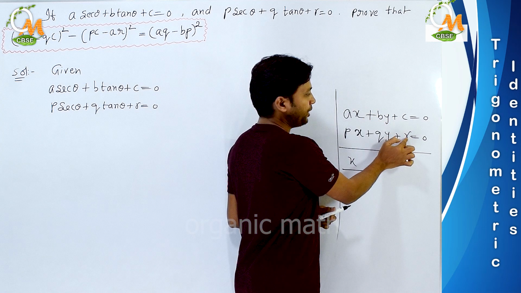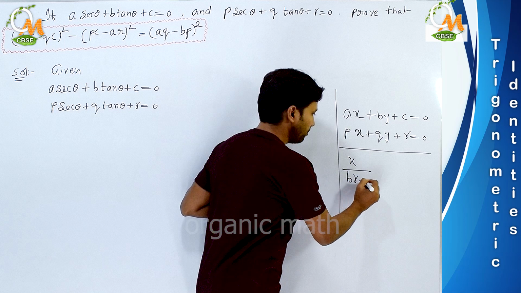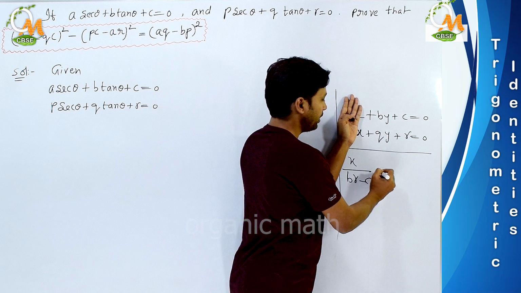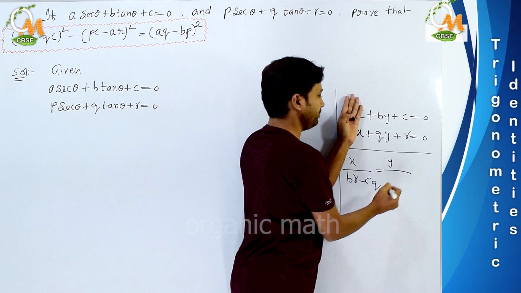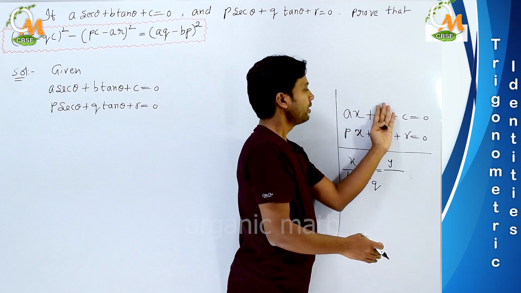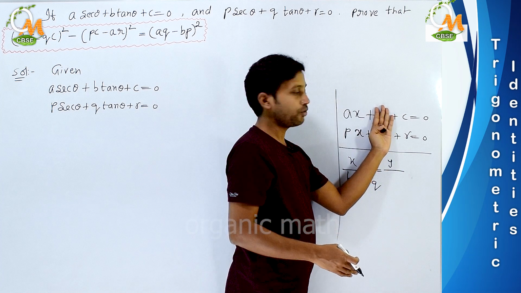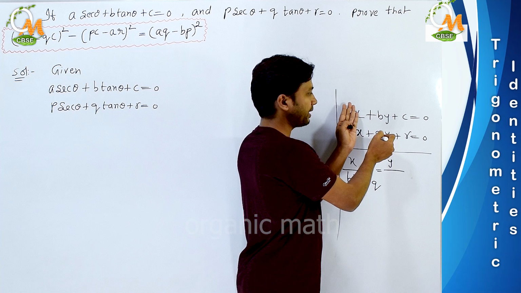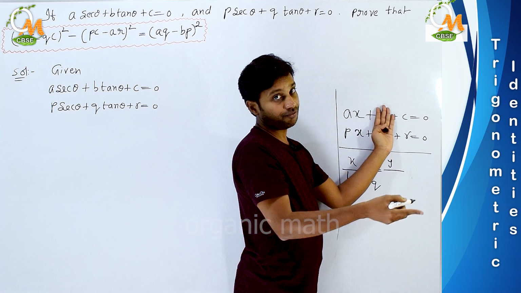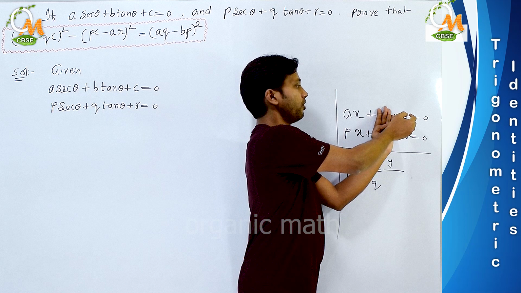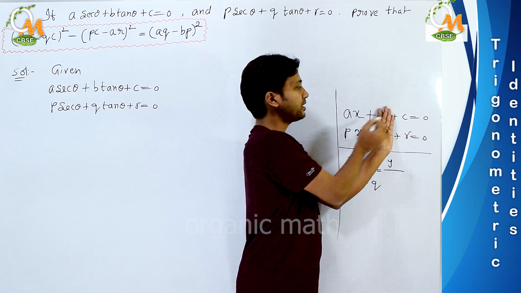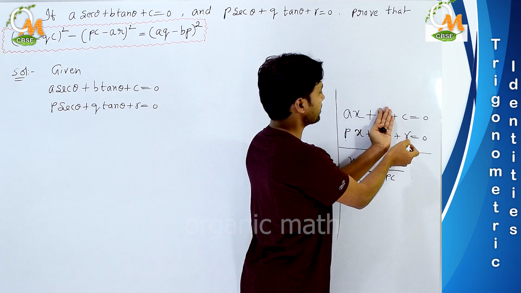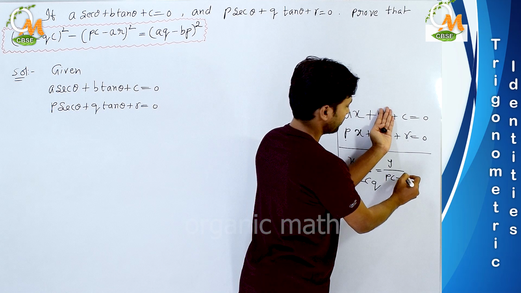Okay, b into r minus c into q equal to, now write down y by, close the y terms. Actually we have multiplied in this direction first, but for the y term we do the reverse, we follow the reverse order. First follow these terms: this coefficient of x with this constant, pc minus ra or ar.